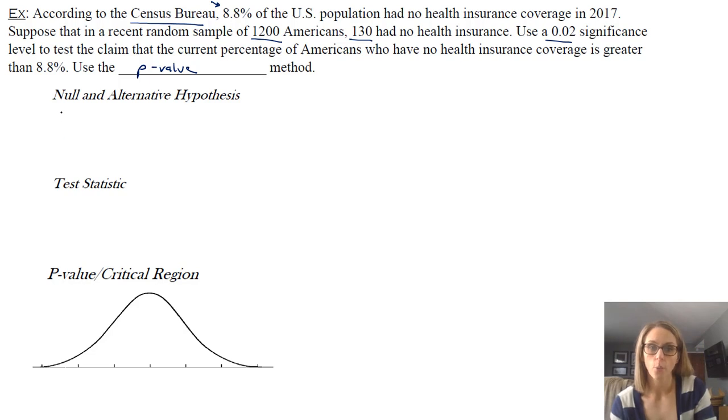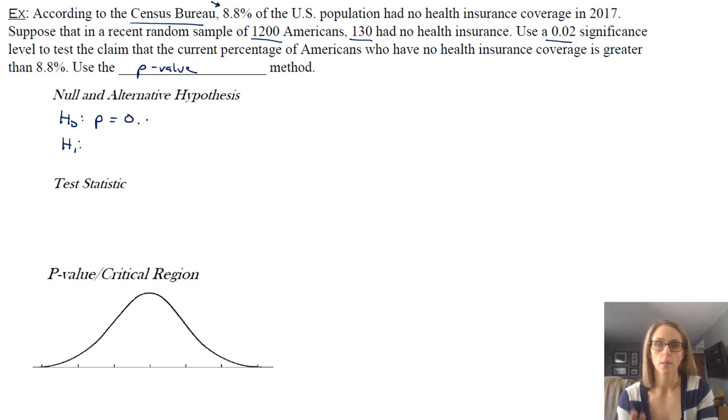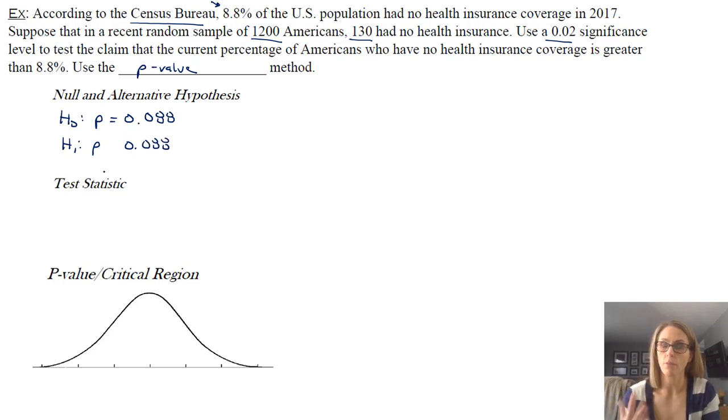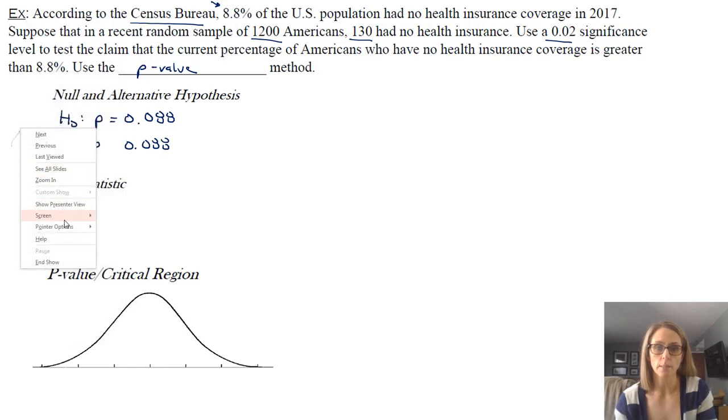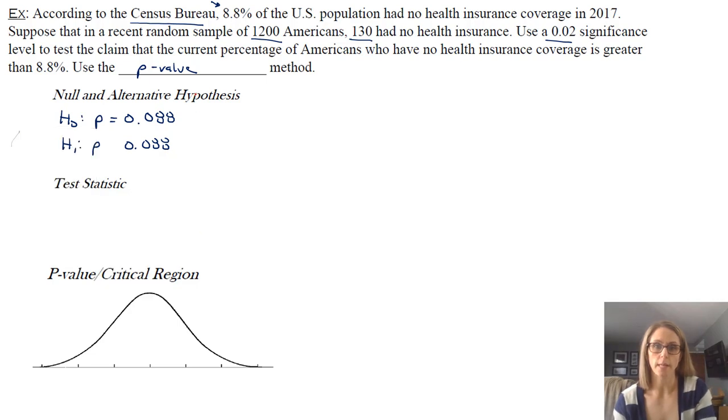So we start with the null and alternative. This is the old idea, and the old idea said that the proportion was 8.8%, written as a decimal, 0.088. Now remember, from section 8.1, these two things are all that's the same. The only thing that's different is that one piece in the alternative, and that's based on what you're testing.